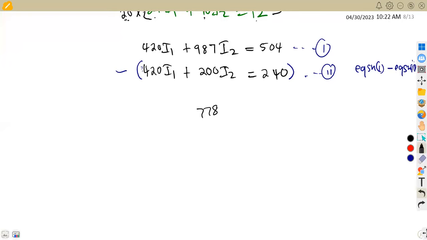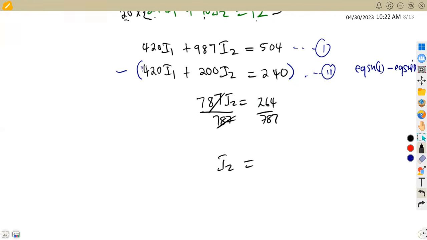That's 787 I2, which is equal to, if you subtract 504 minus 240, this is going to give us 264. So you can divide 264 by 787. This is going to give us I2 in this case.